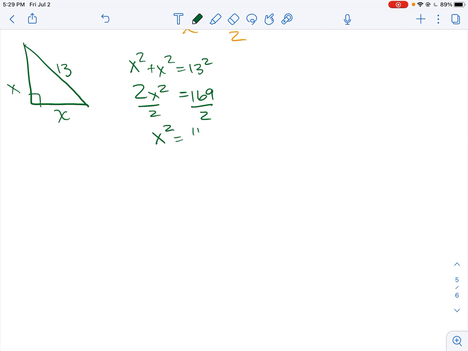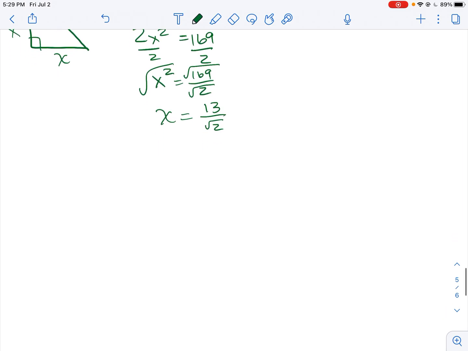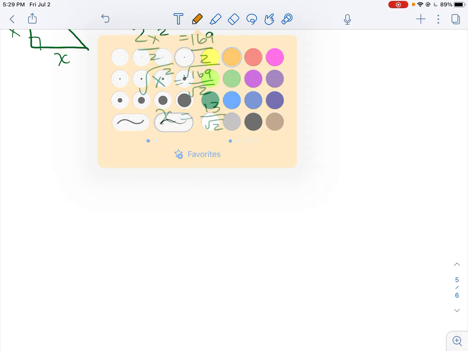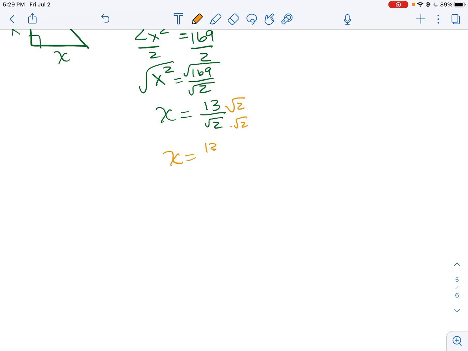I get x squared equals 169 over 2. I take the square root. I get x equals, the square root of 169 is 13. And we don't know what the square root of 2 is. And because we don't know what the square root of 2 is, we multiply in the numerator and the denominator by the square root of 2. So x equals 13 square root of 2 over 2.